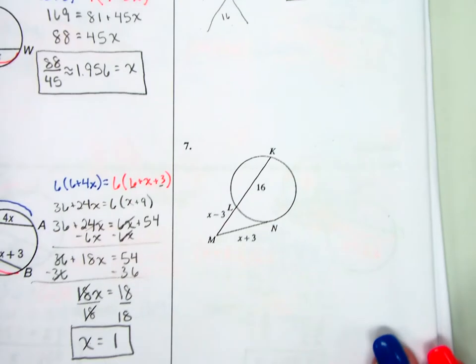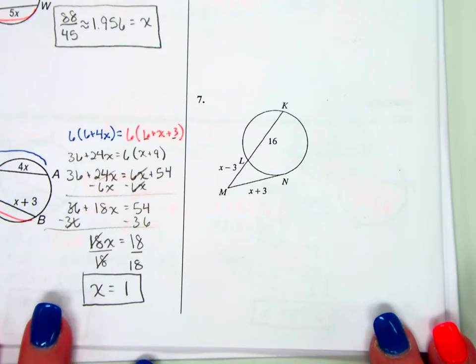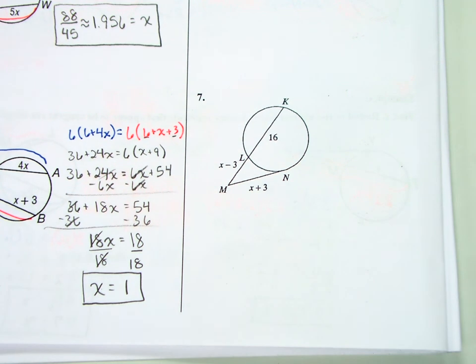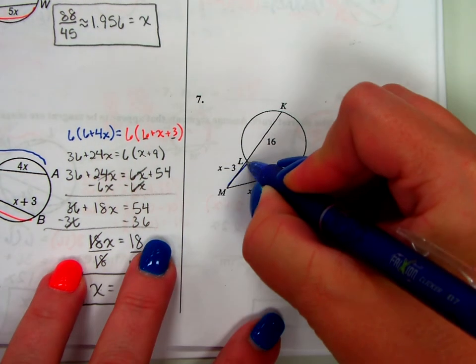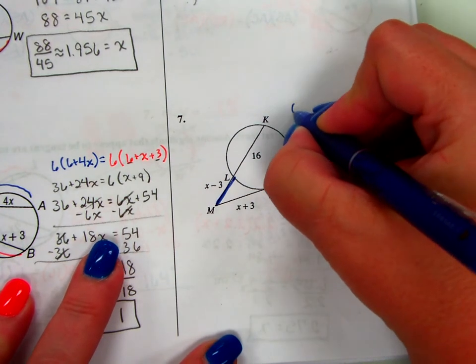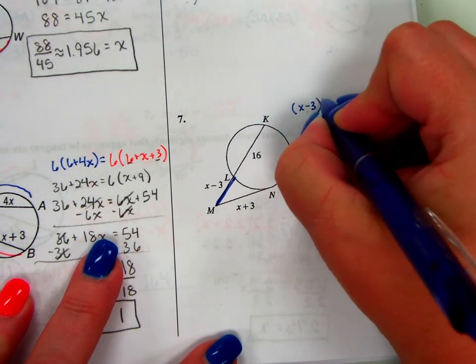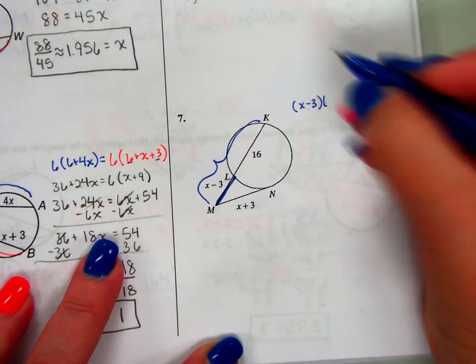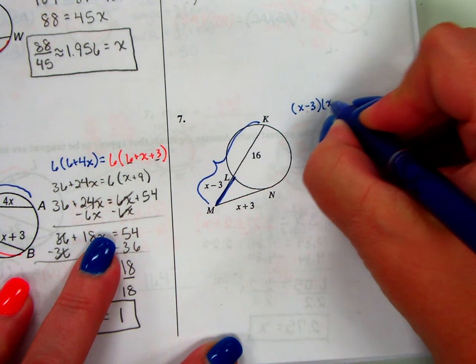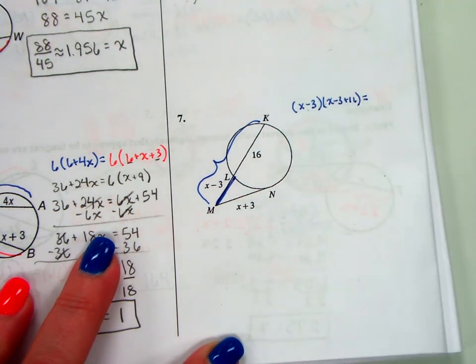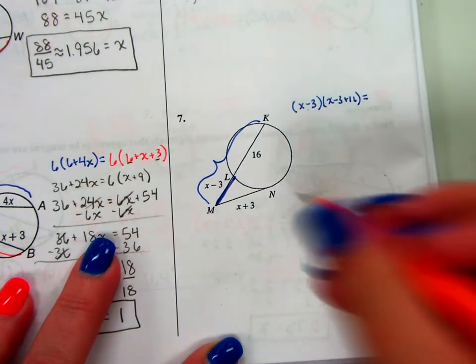All right, number 7. I left a lot of space for that factoring on number 6. Do you want to do the secant first or the tangent first? Secant. Okay. So my external is x minus 3. The whole thing is x minus 3 plus 16, equals.